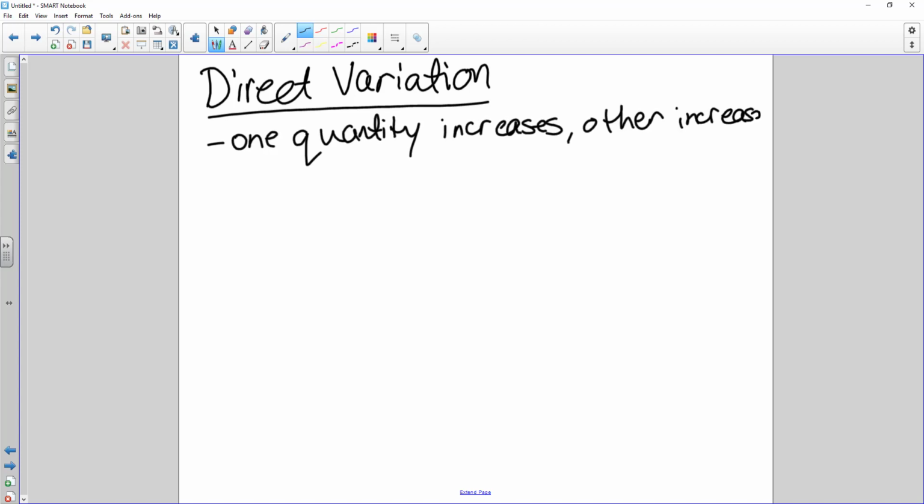Or same thing, as one quantity decreases, the other also decreases. So how we'll set these up as a proportion is we'll line them up and be able to compare directly.